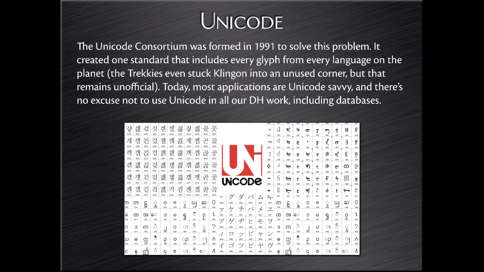You have to have a font that can display those. But in terms of the binary digits under the hood, zeros and ones, we can store anything. As long as we're working in Unicode, everything is possible for us. What that means is that doing our DH work, we should be using Unicode for everything, including all the work we do in the database.